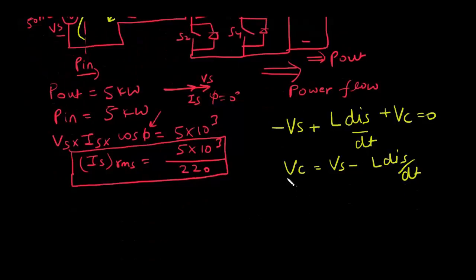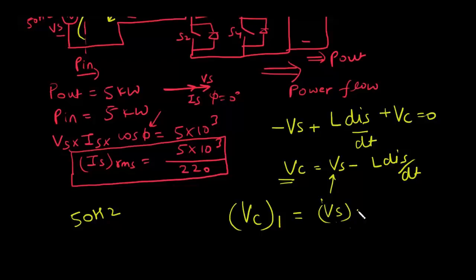We are interested in the fundamental component, so we can write Vc1. The fundamental frequency is 50 Hertz. So now we need to take the fundamental component in the voltage source, and the inductor times the fundamental component in the current.